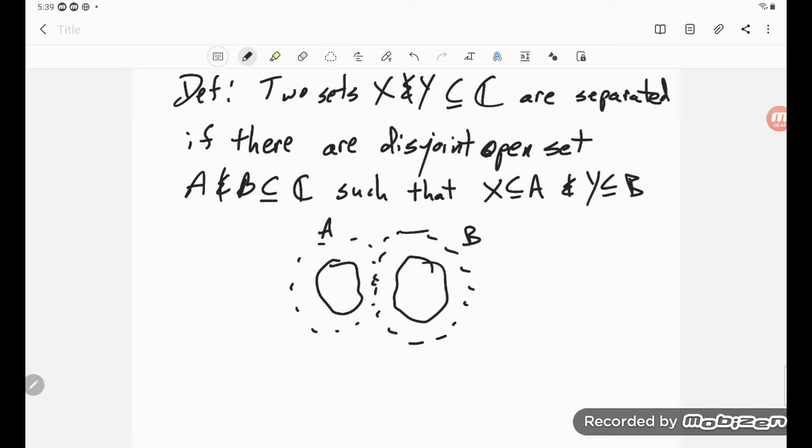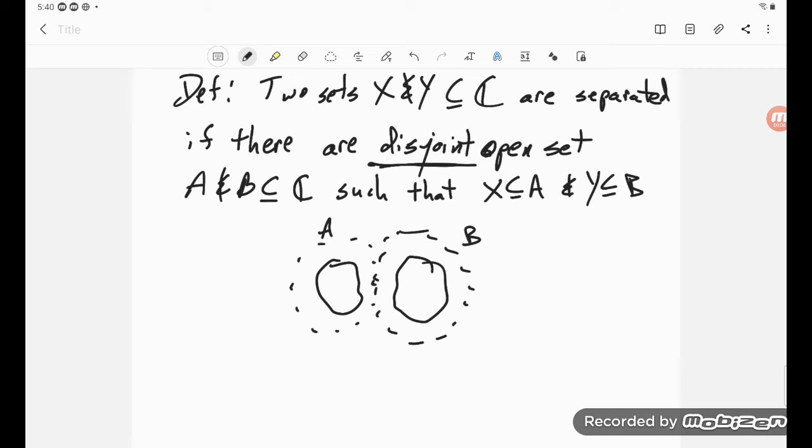So actually, the two sets A and B that I just drew here, if I drew them well enough, are separated, because the idea is this notion of disjoint. Disjoint means they don't share any points in common.